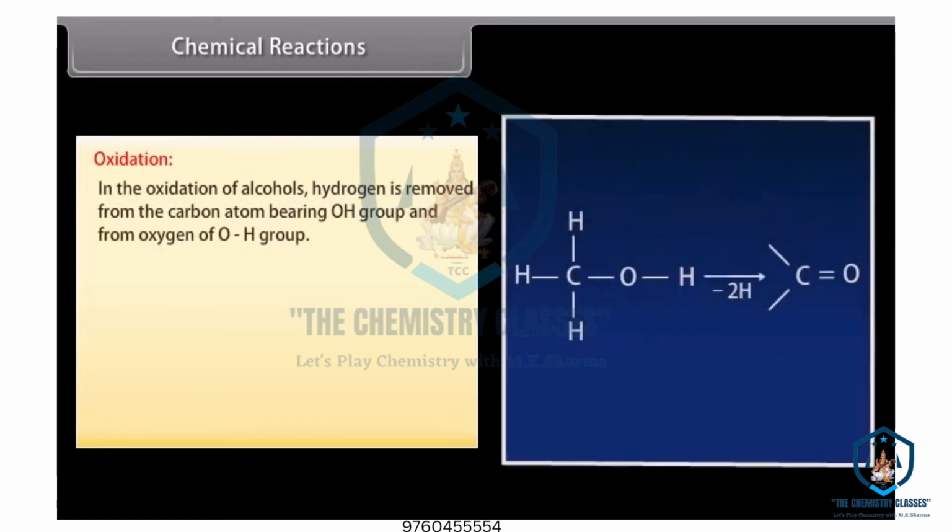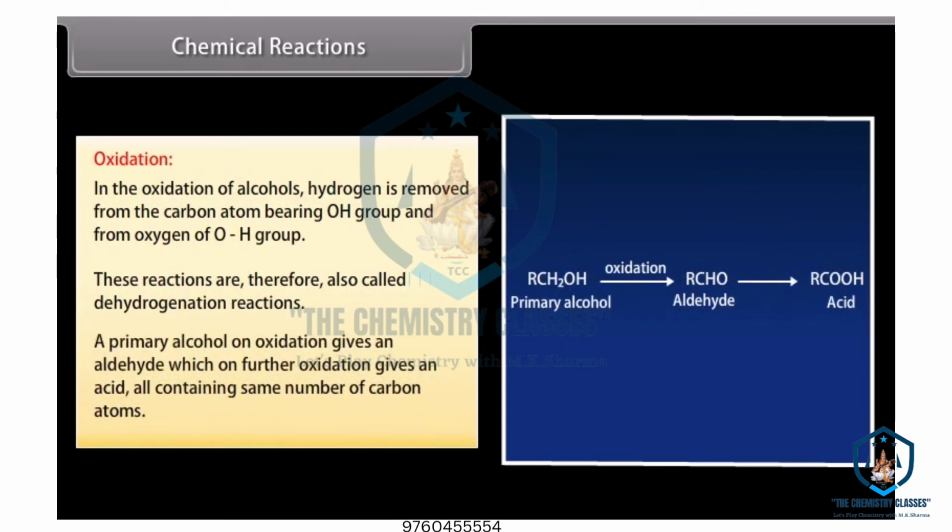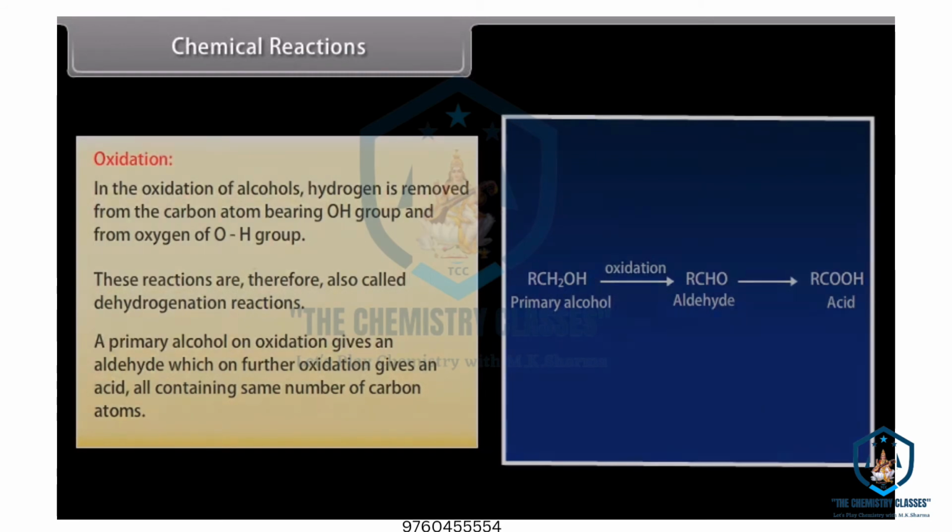Oxidation. In the oxidation of alcohols, hydrogen is removed from the carbon atom bearing the OH group and from oxygen of the OH group. These reactions are, therefore, also called dehydrogenation reactions. A primary alcohol on oxidation gives an aldehyde which on further oxidation gives an acid, all containing the same number of carbon atoms.